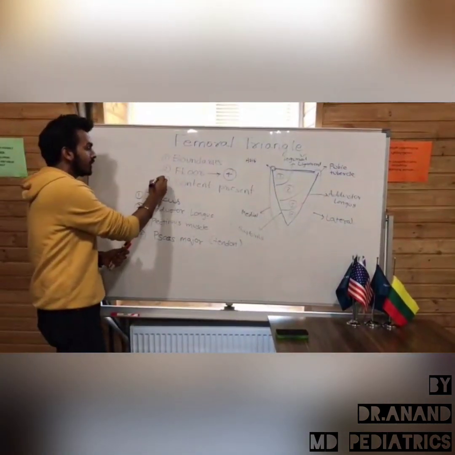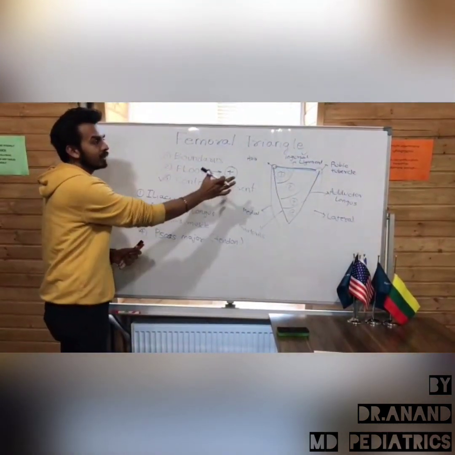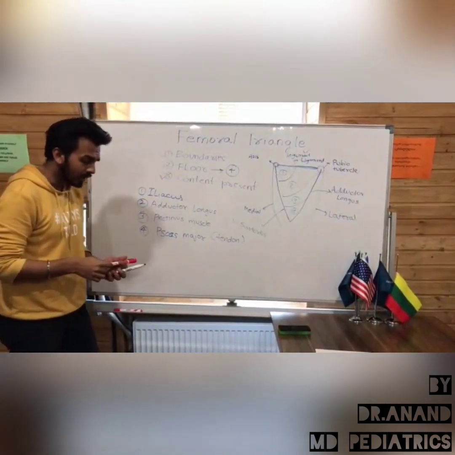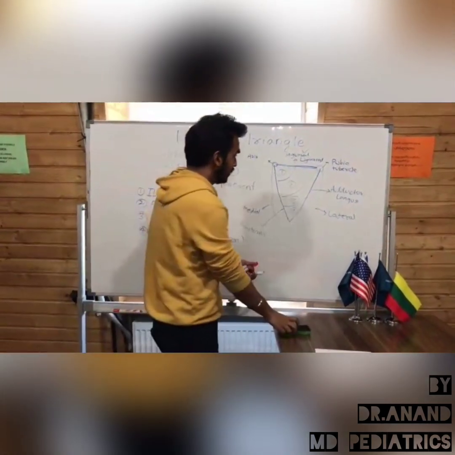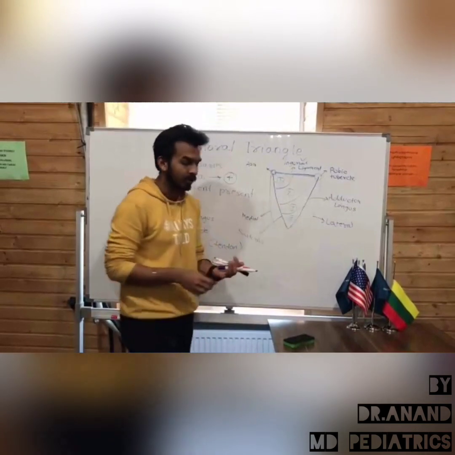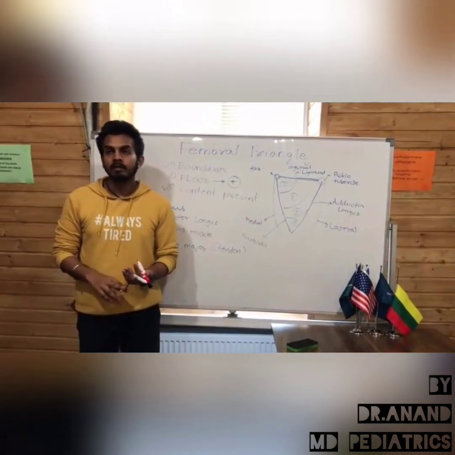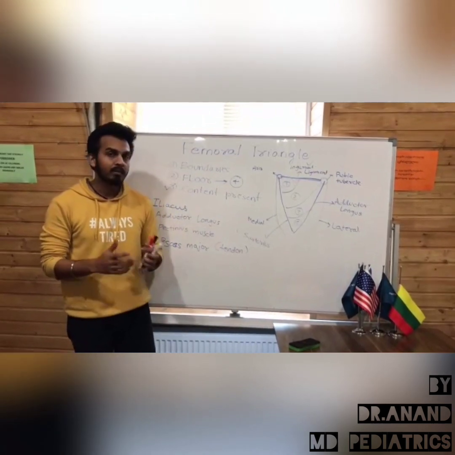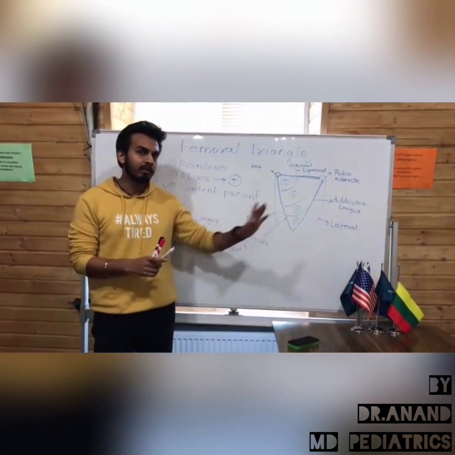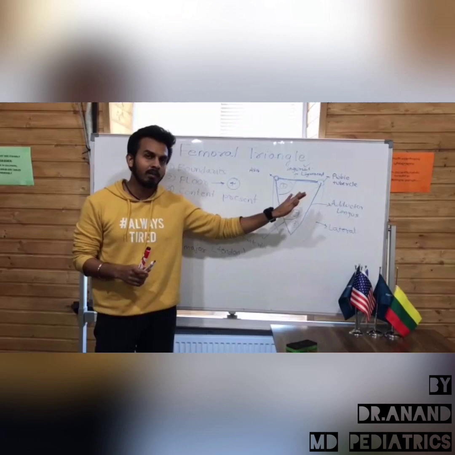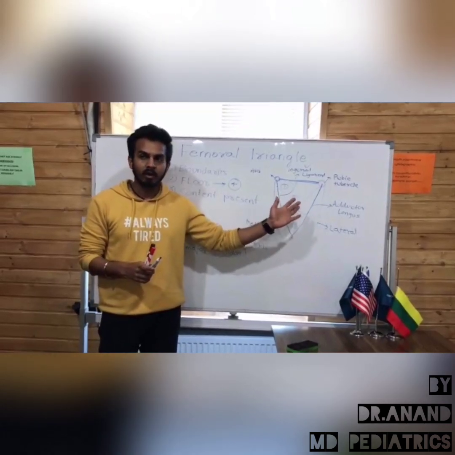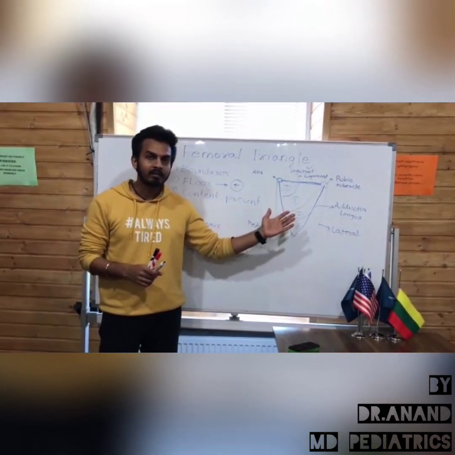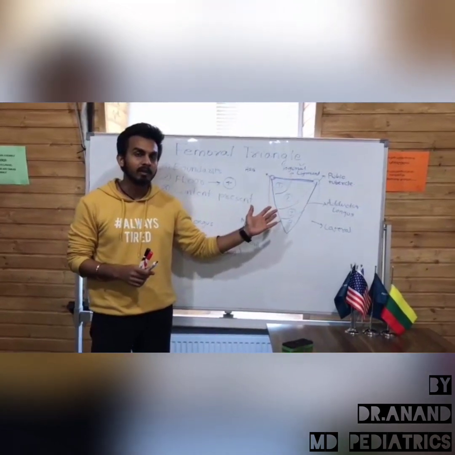Now next we are going to cover the contents which are present in the femoral triangle: the nerves, arteries and veins. The name itself suggests that if this is a femoral triangle, the nerve is also a femoral nerve. The femoral artery is present here and the femoral vein is present here.